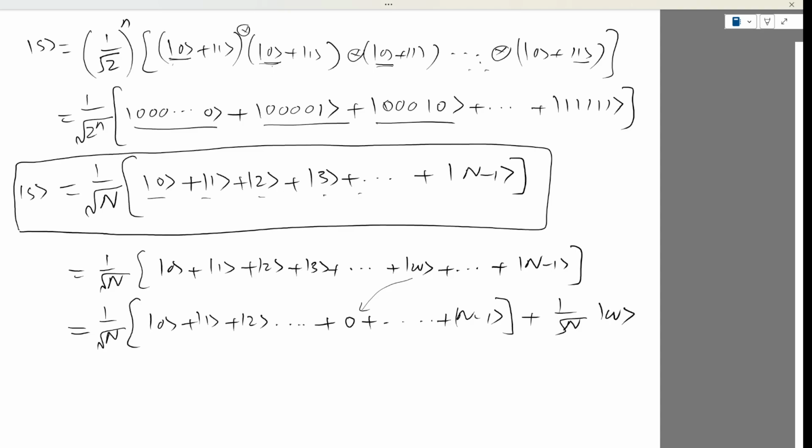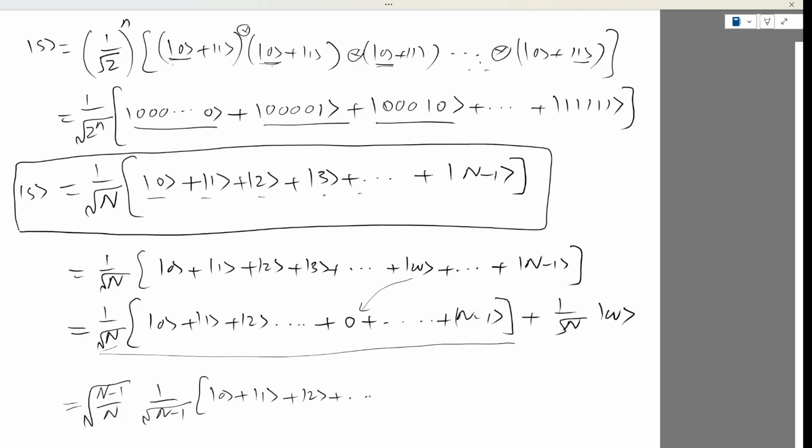And now we can easily see that this is not a normalized state because I have one item less, and here it's 1 over square root of N. So let me put a square root of N minus 1 here and a square root of N minus 1 here, and then this is 0 plus 1 plus 2 all the way.